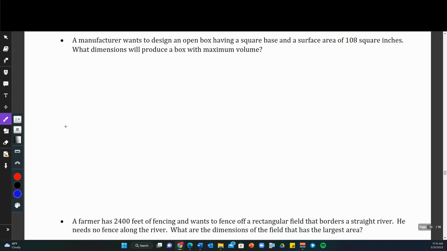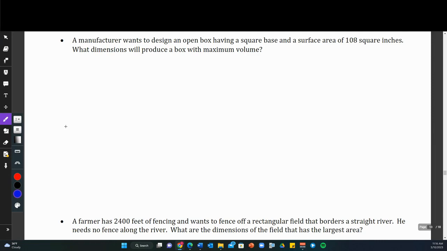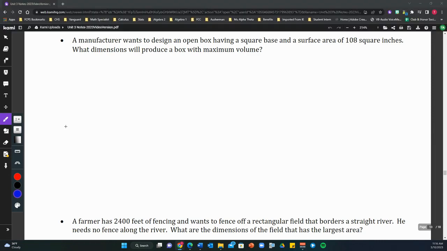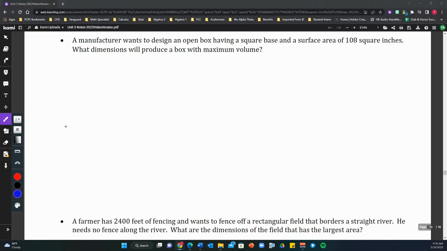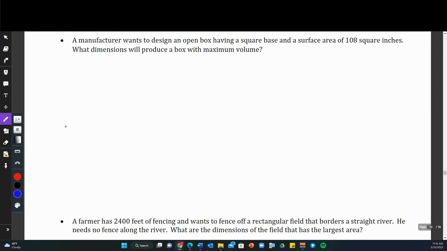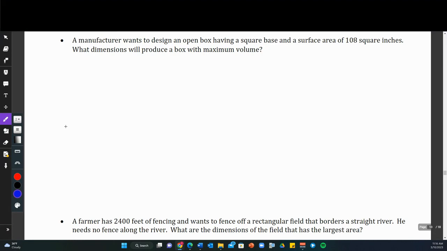Not that every person walks around every day doing this kind of math problem, but there are actual people at some of these packaging or distribution companies whose job is to maximize the amount of space that a package has while working with constraints on how much material, cardboard, you have to design the box. This is a very common thing that some engineers work with.